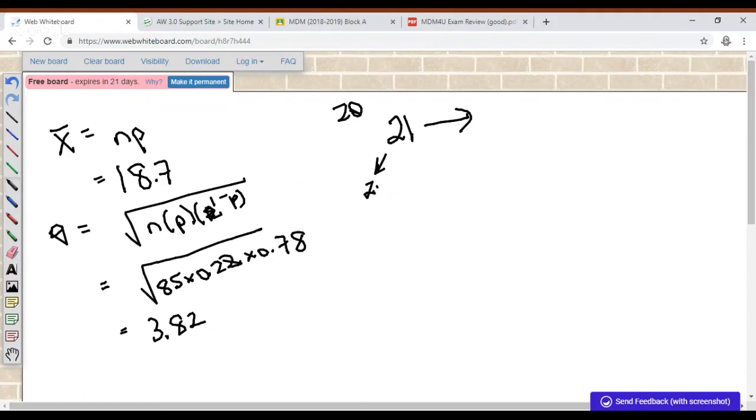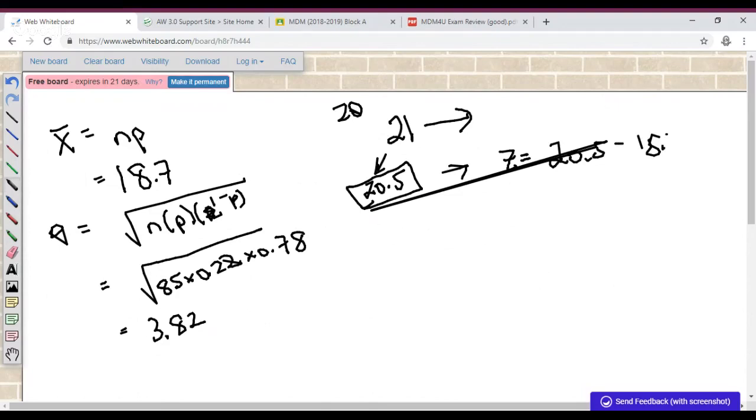So obviously I'm going to take 20.5 because I do not want 20, but I do want 21 because I'm going more than that. Okay, so that means I can now calculate the Z score. So 20.5 minus 18.7 divided by 3.82. That will give me my Z score.